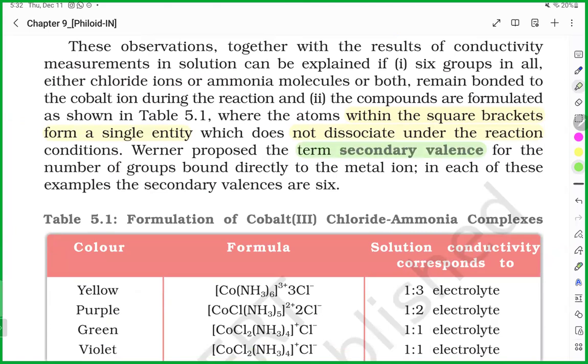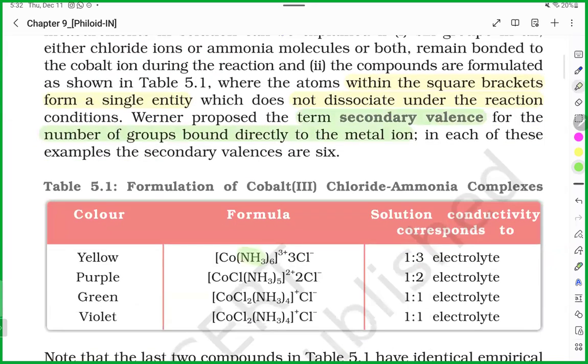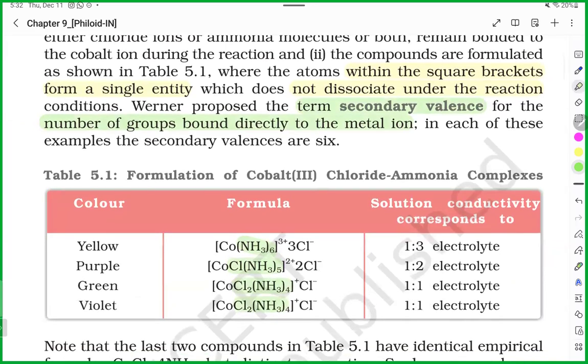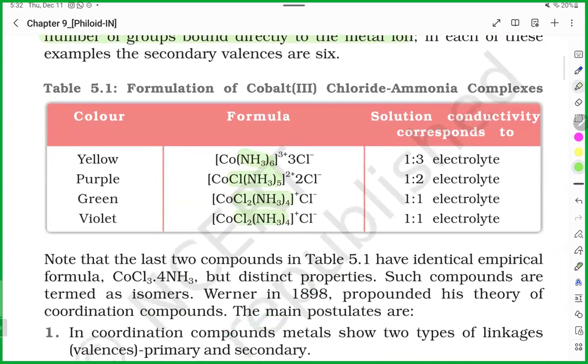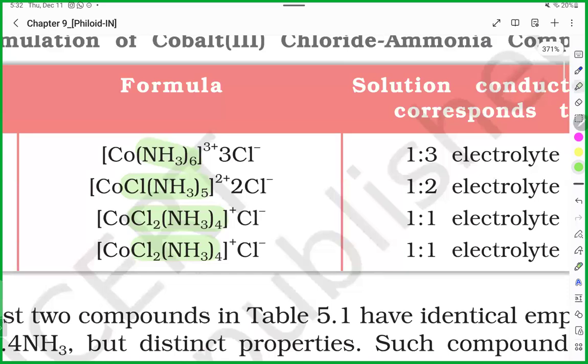What is secondary valence? The number of groups attached to the metal ion. For example, here it is six. Every time it is six: one chlorine, five ammonia; two chlorine, four ammonia. All these are secondary valence. Understood? What does it mean? This one designates the square bracket part, and the outside ion is represented by this.